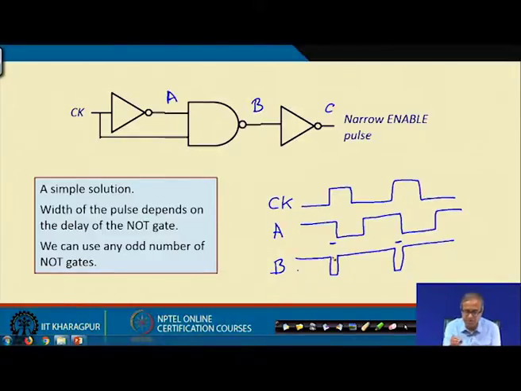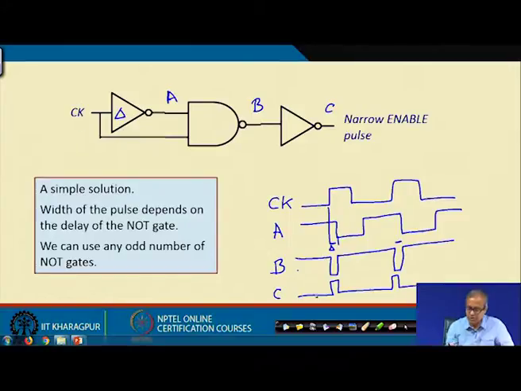Now, what will be the width of this narrow pulse? The width of this pulse will be equal to the delay of this gate, delta, because this is nothing but this edge and this edge, the difference between the two. And because it is becoming negative, I am using another NOT gate to make it positive. So, I am applying a very narrow enable signal which I am generating from the clock signal.